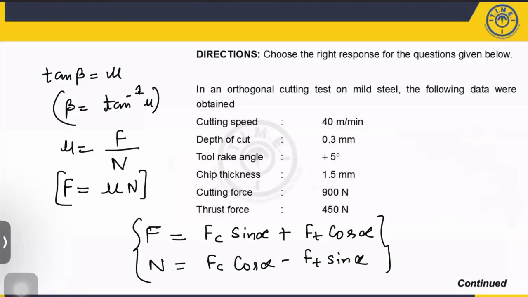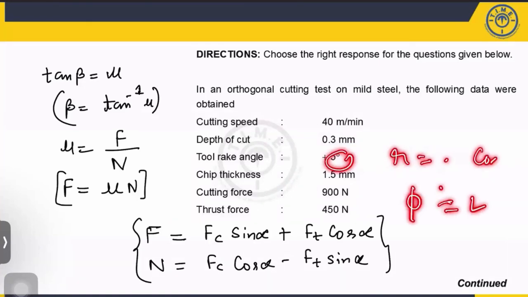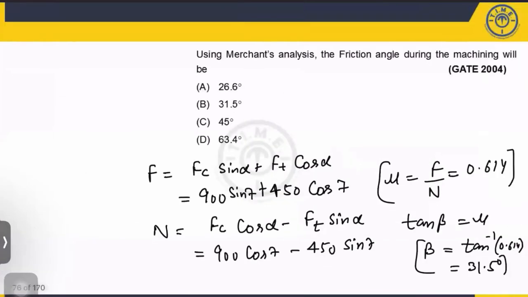They have to give the uncut chip thickness, or depth of cut, which is given. So you can easily calculate the r value also. Once you know the r value, cos alpha is known to you, so you can calculate phi. Once you know phi, you can calculate the force normal to the shear plane, the shear force, the friction force, and the force normal to the tool, which is nothing but N.